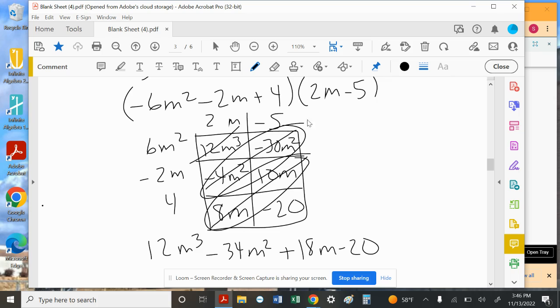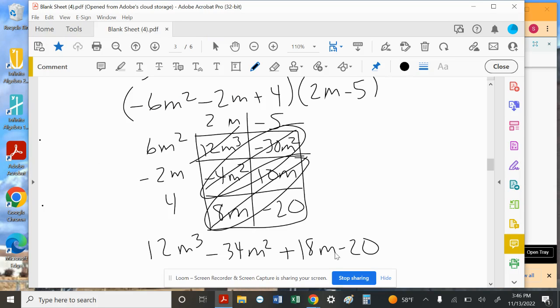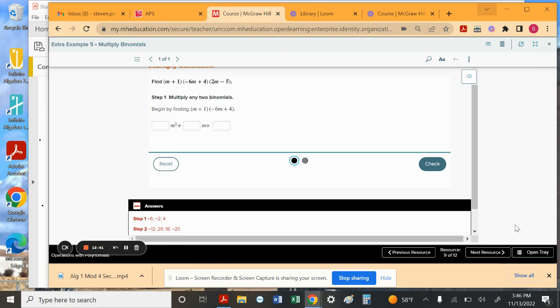So I think we're correct in terms of getting, oops, no, we are correct. So that should be negative 2m. So I think this is correct here. Remember that we're adding those up, so that should be negative 34. So interestingly enough, they have the wrong answer on here. So you have to be careful there. In this case, I actually have the right answer. Okay, let's move on to the next one.